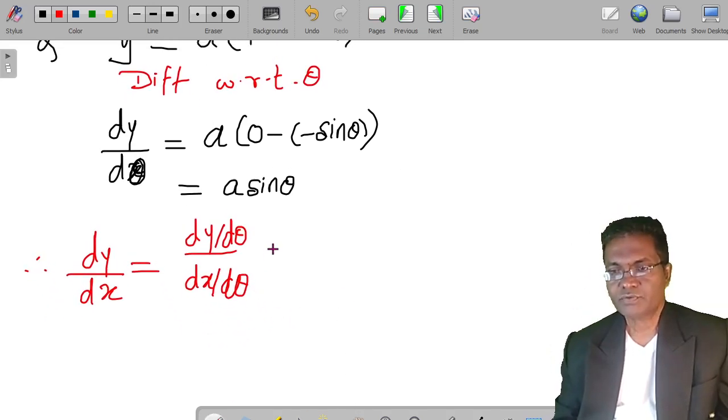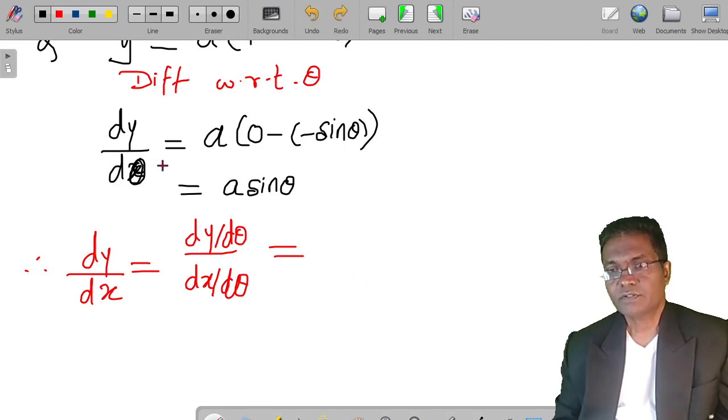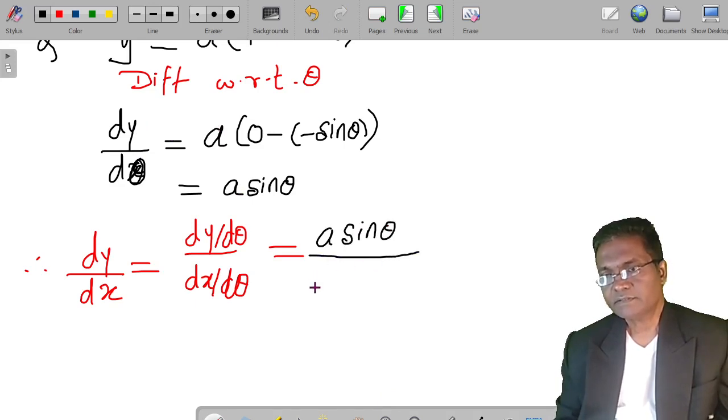So substitute whatever you had, a into 1 plus cos theta, sorry, dy by d theta is this. It is a sin theta by a into 1 plus cos theta.